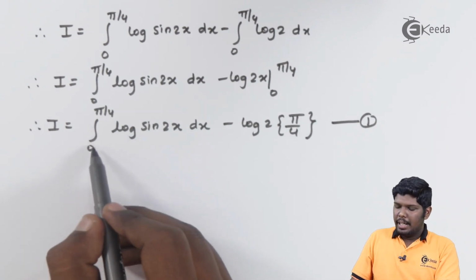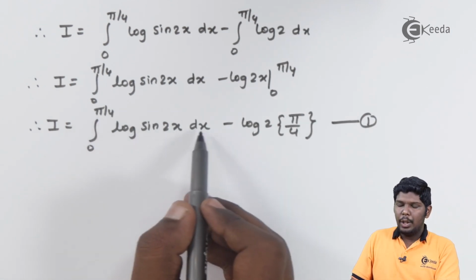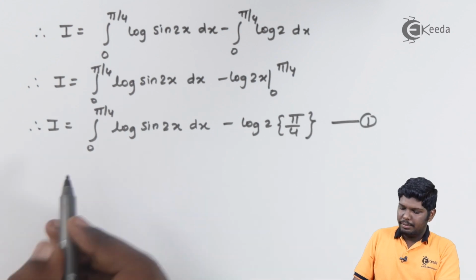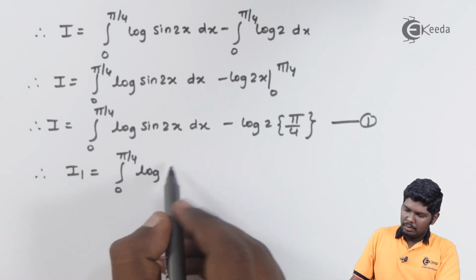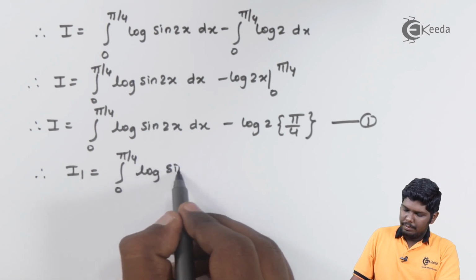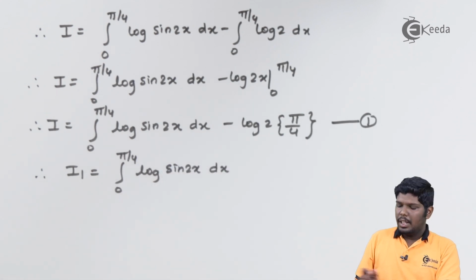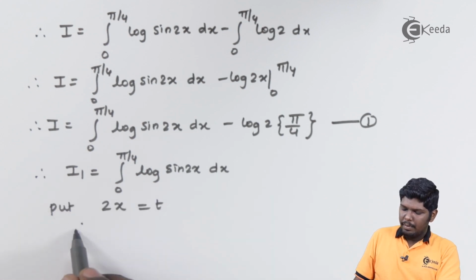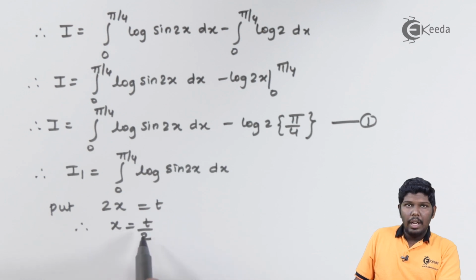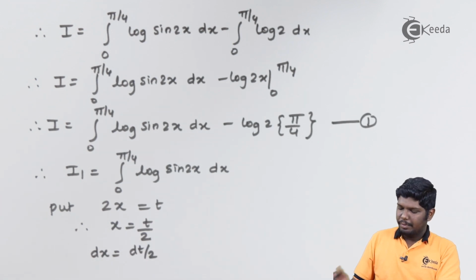Now let us consider integral 0 to pi by 4 log of sin 2x dx as I1. Here you can put 2x as t. Therefore, x will be t by 2 and on differentiating, the value of dx will be dt by 2.